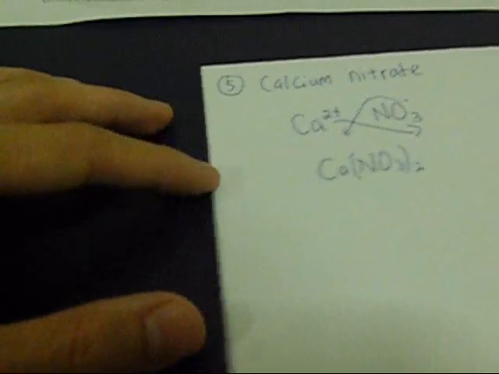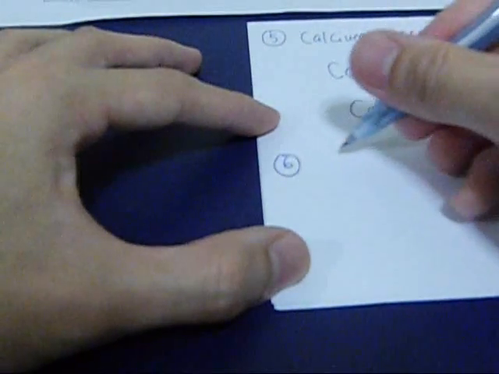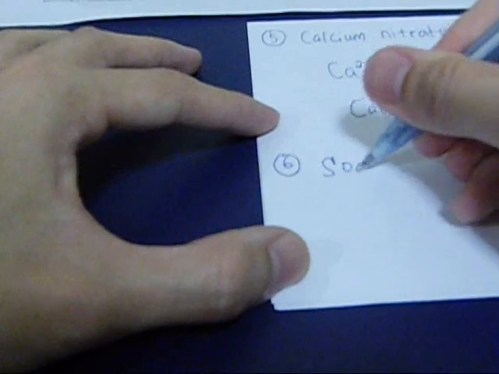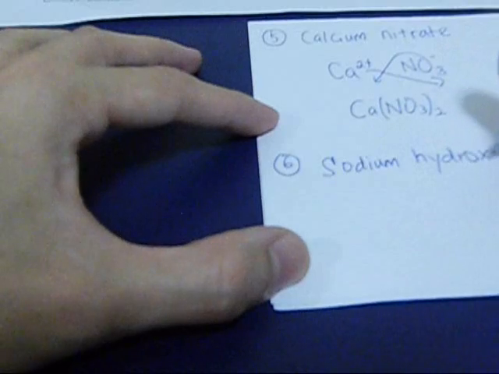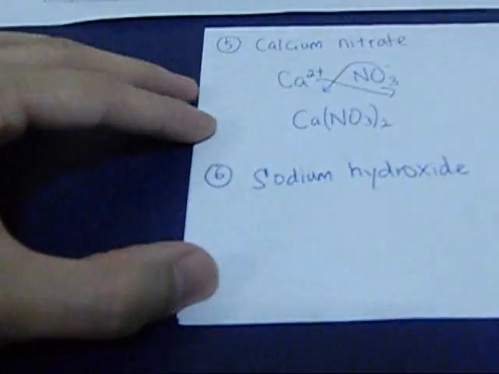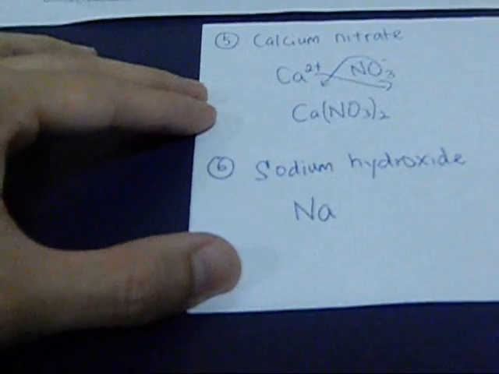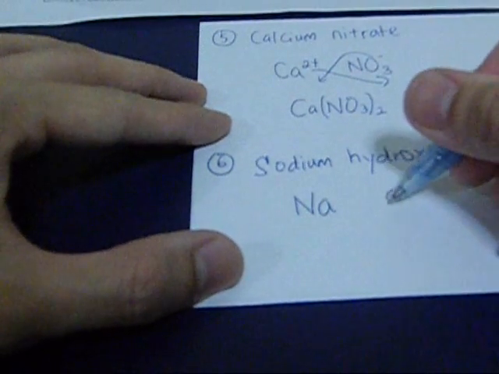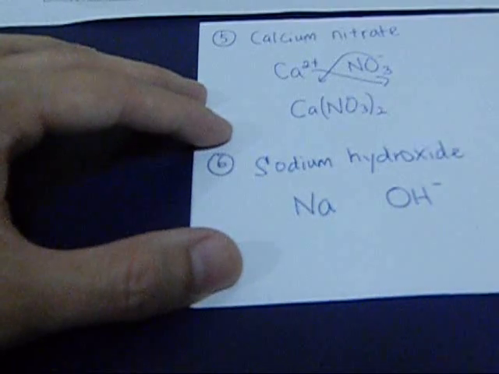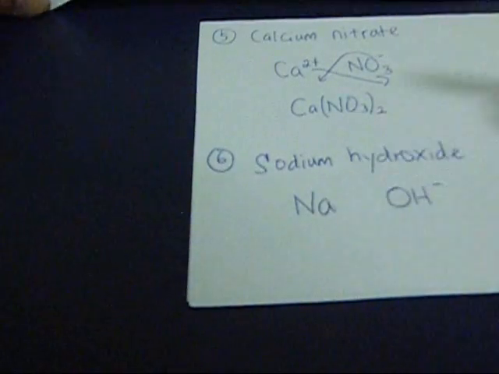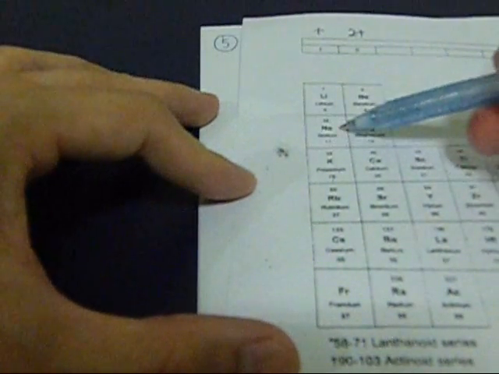Okay, and of course the last, actually this is the last example, is sodium hydroxide. Sodium is from your periodic table, it is Na. Hydroxide, this is one of the 5 polyatomic ions, is OH minus. Now Na, what is the charge for the sodium ion? Sodium is in group 1.